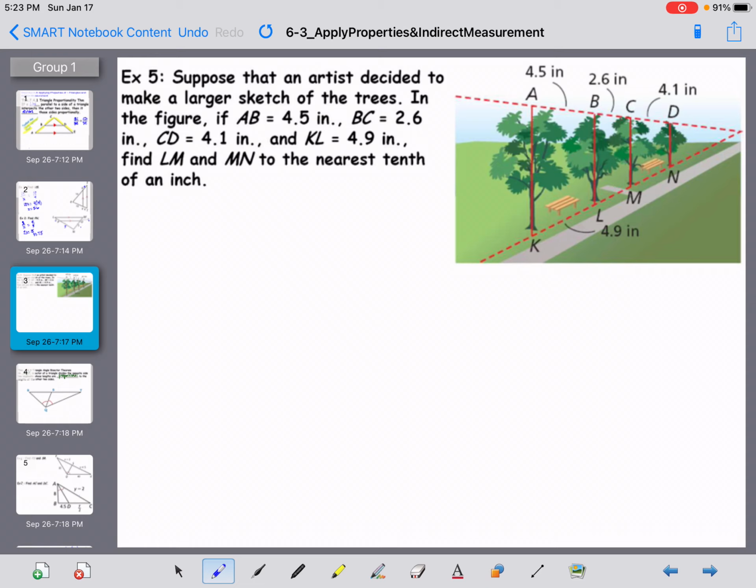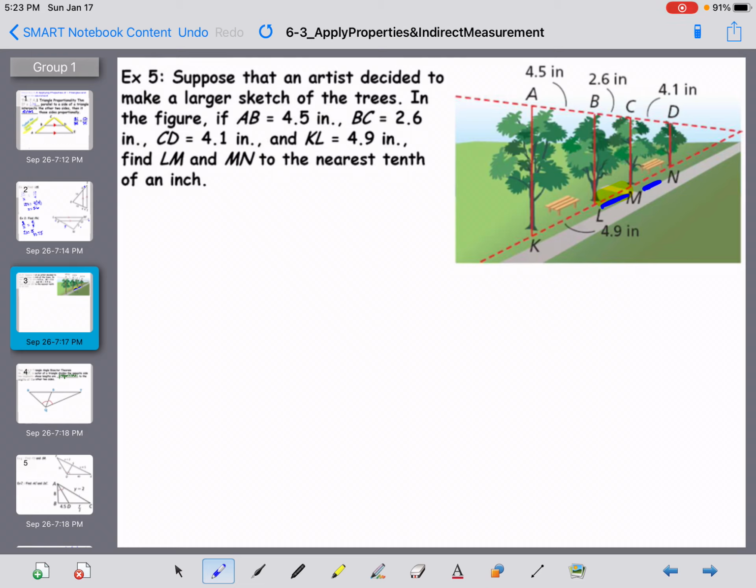In the figure, AB is 4.5, BC is 2.6, and CD is 4.1. So it looks like I'm going to be working with 3 triangles. And then the bottom piece, KL, is 4.9. I need to find LM, and I need to find MN.